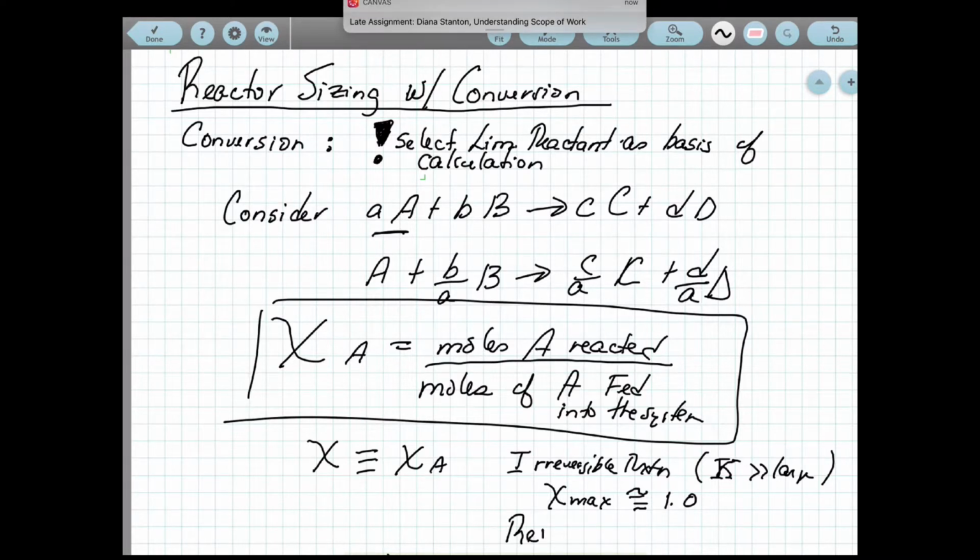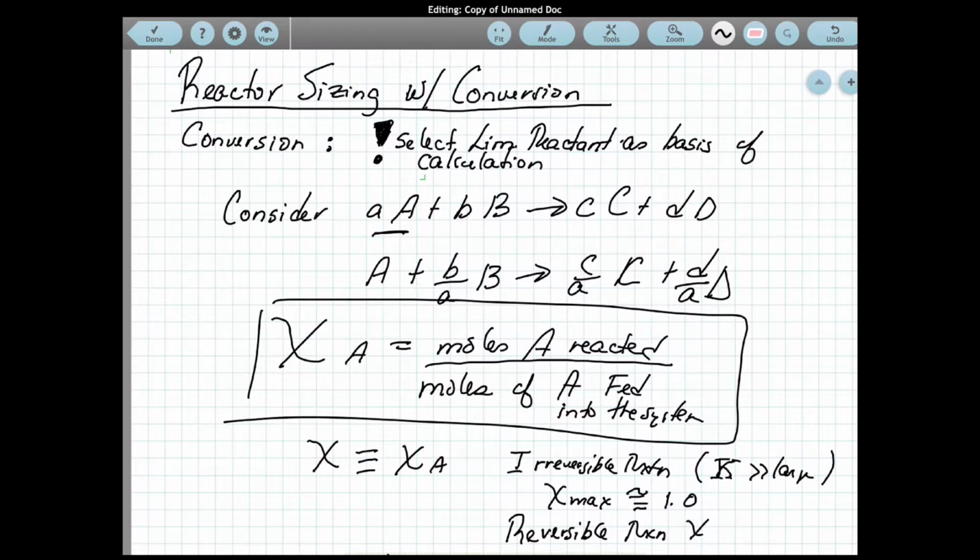For a reversible reaction, the maximum conversion X max equals the X at equilibrium. Okay, we're going to see examples for both, but it's important that we look at the chemical reaction and the identity of that chemical reaction to guide us on what is the maximum amount of conversion we can have for that particular reaction.